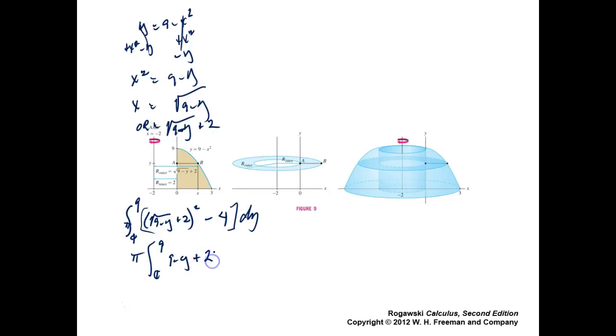Plus 2 times, I'm going to write it in exponential notation, 9 minus y to the 1/2. You okay with that? Plus 4. Then we do a minus 4. They disappear. dy. All right.